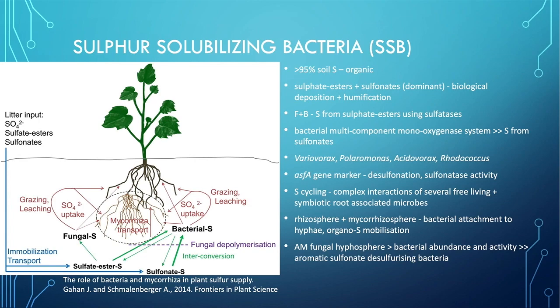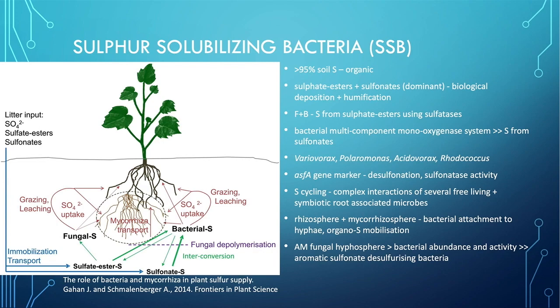Rhodococcus, for example, is a taxon that is able to do this solubilizing of sulfur. Some of these bacteria have genes specific to sulfur solubilizing capabilities and enzyme production that allow them to remove sulfur from complex organocompounds.